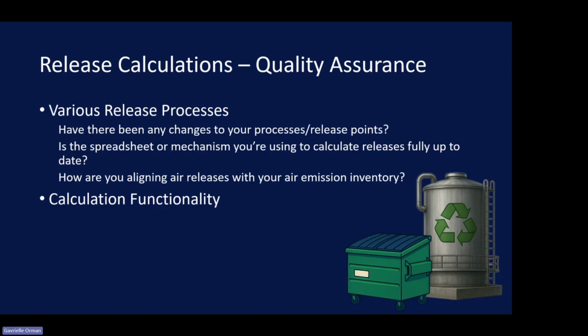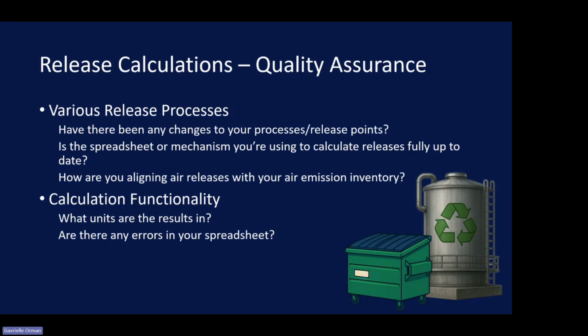In terms of calculation functionality, what units are your results in? We report TRI in pounds, but the vast majority of our release profiles are going to be in milligrams per liter times gallons. Making sure that you get those unit conversions accurately keyed into your calculations is going to be really important.